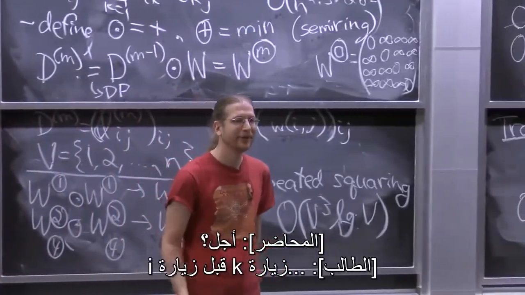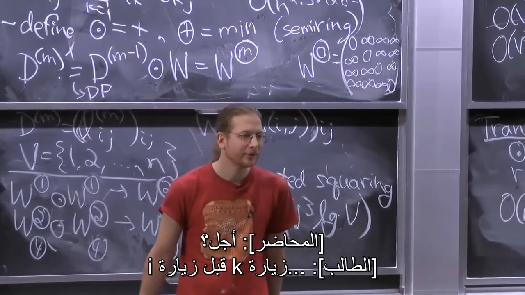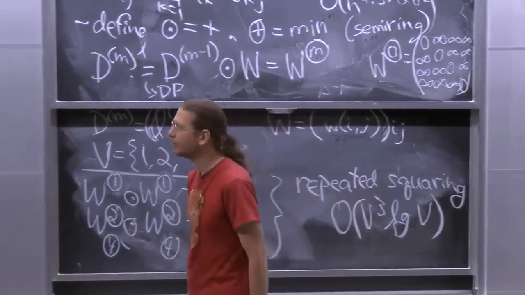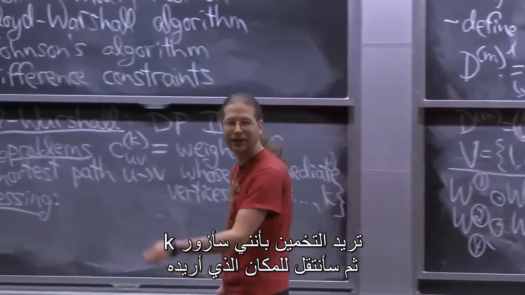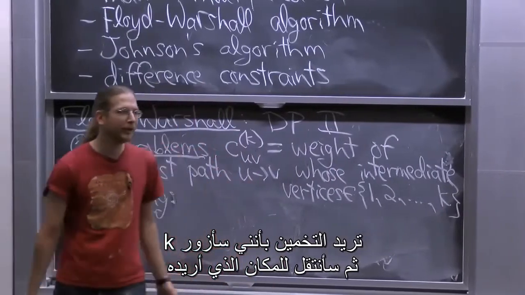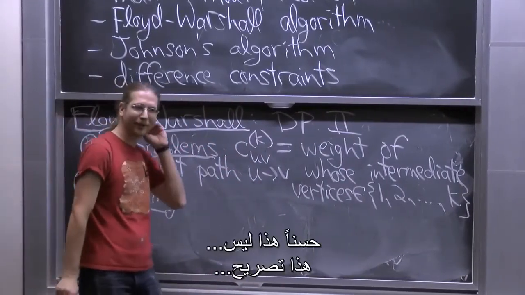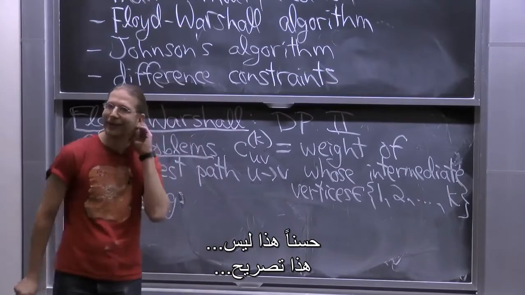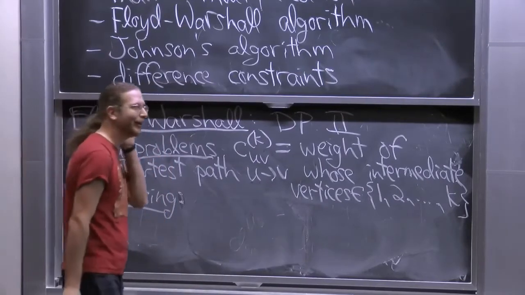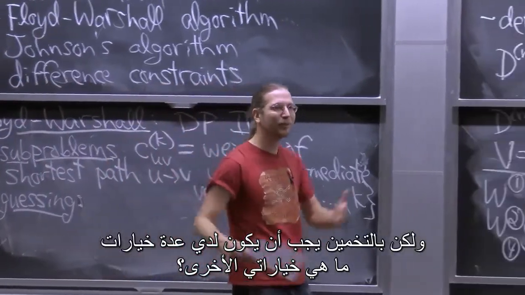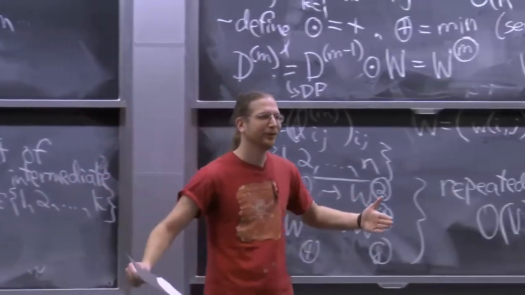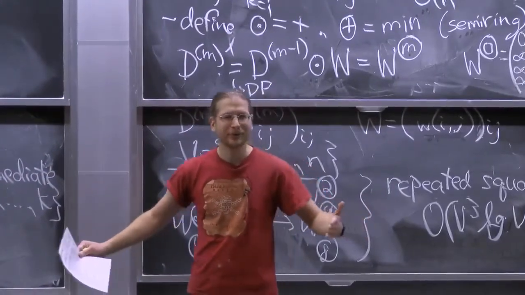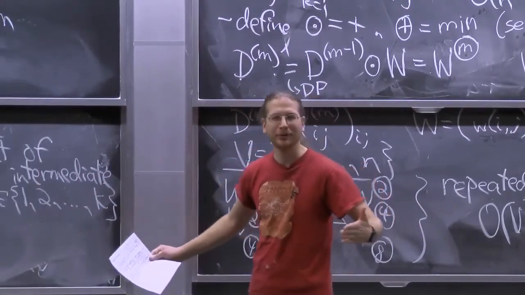You start from u, then you visit k, and then from k you visit v. You're going to guess that I visit k and then go to where I'm trying to go. That's a statement. But to guess, I should have multiple choices. What's my other choice? So you go from u to k using vertices from 1 to k minus 1 only.